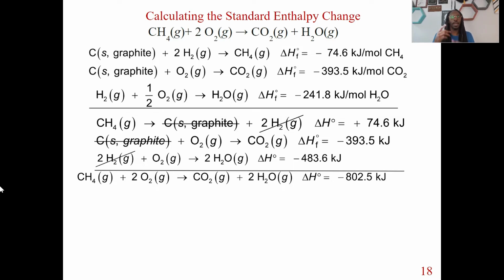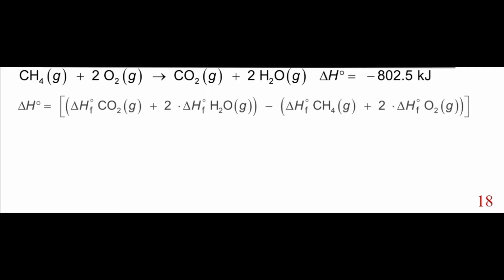So we can see we had to do a couple of different things. Flip some signs around, multiply some stuff by some factors. We had to do a lot. Let's look at the other way, standard enthalpies of formation. We're taking our products minus our reactants. So I'm going to take my CO2 enthalpy of formation here, and in this case, I only got 1 mole of it, so I only need 1 mole.